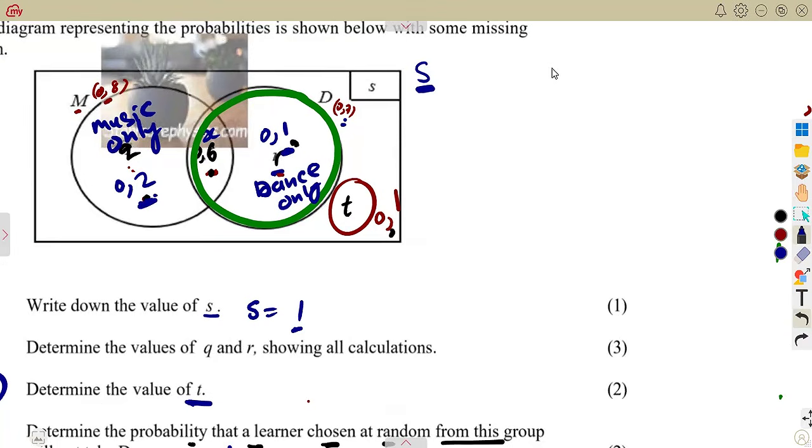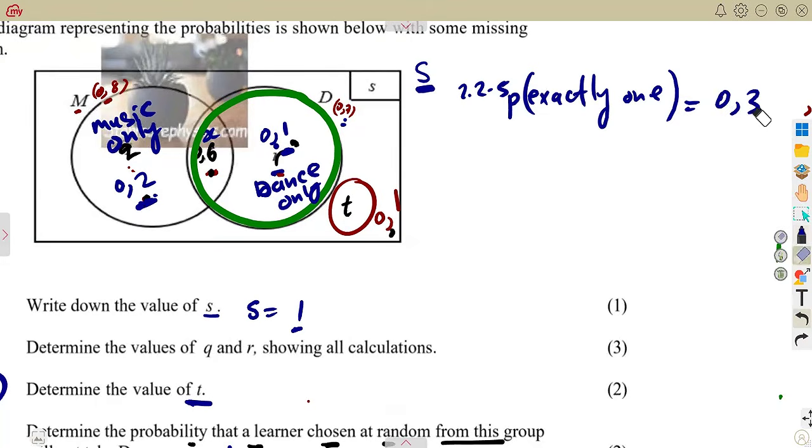So we're going to add the 0.2 and the 0.1. So for exactly one, I'm just going to write probability exactly one. That's the 0.2 and the 0.1, which was going to be 0.3. So you simply have to add those two, 0.2 plus 0.1, which is 0.3.